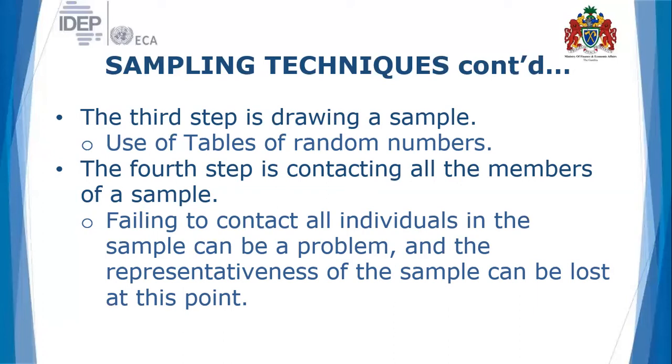This could be due to geographical challenges, due to the fact that some members have moved out of a particular geographical area, or they have died altogether. Now, it's important for evaluators to note that failing to contact all individuals in the sample can be a problem. And somehow, the representativeness of the sample can be lost at this point.